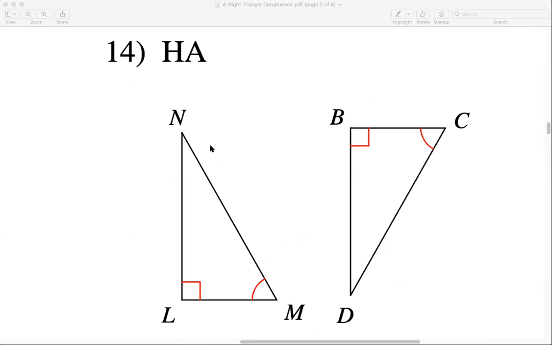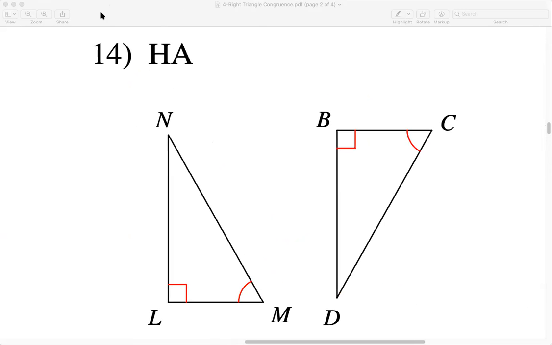Number 14. Let's determine the missing part. Here, we will be using the hypotenuse-angle theorem. The given is the angle and the angle. By the way, we need to check if these two triangles are right. Yes, they're right because of the label. So we already identified the angle, and the missing part is the hypotenuse.